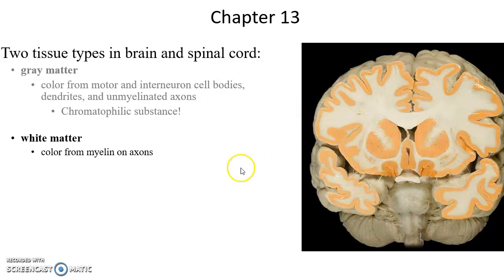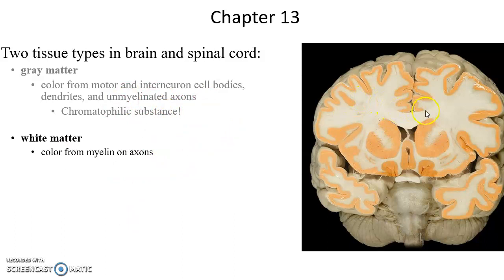And this color is caused by the cell bodies of neurons, the motor neurons and interneurons, whose cell bodies are within the brain or spinal cord, and also the dendrites associated with the cell bodies and any unmyelinated axons. These will all have a grayish color, and lots of them in one place will lead to gray matter. And again, that grayness is caused by the chromatophilic substance found in the cell bodies and actually expands a little bit into the dendrites and unmyelinated axons.